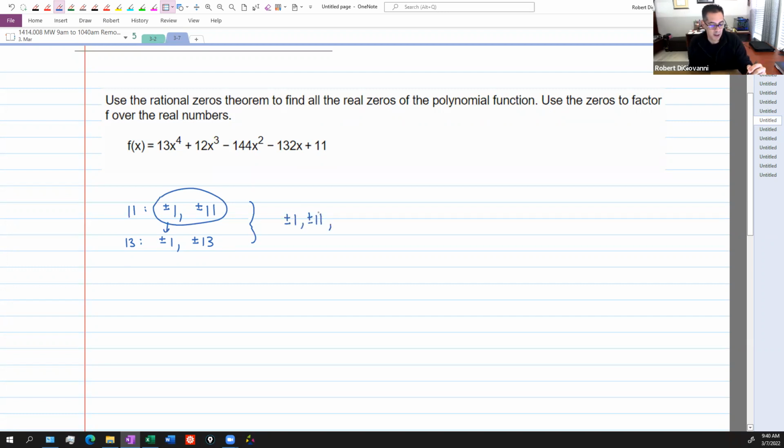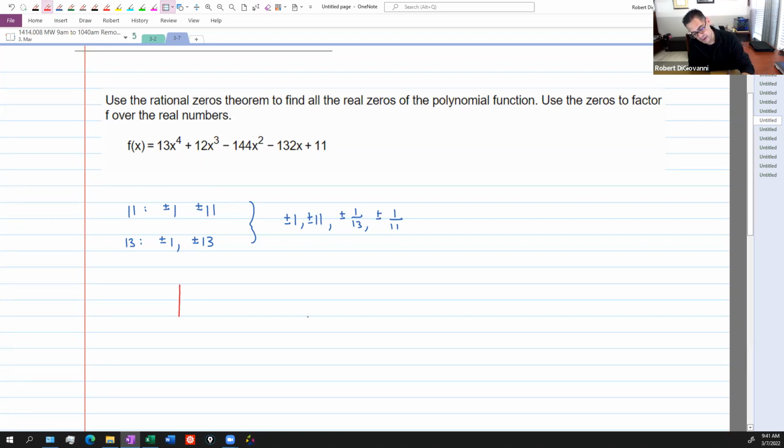And then I'm going to take those and put them over 13. So plus or minus 1/13, plus or minus 1/11. And that's it. That's my whole list. I have 8 potential zeros.